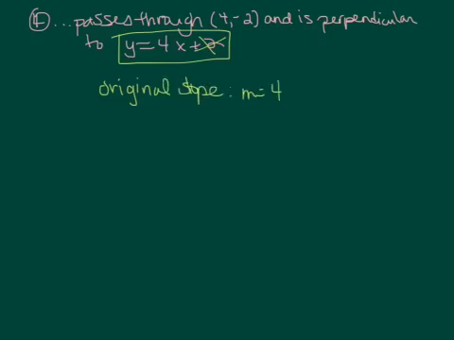Now this problem is a little bit harder than the previous ones because my new slope ends up being a fraction. So my new slope is going to be negative 1/4. I also know that my new line passes through the point 4, negative 2.